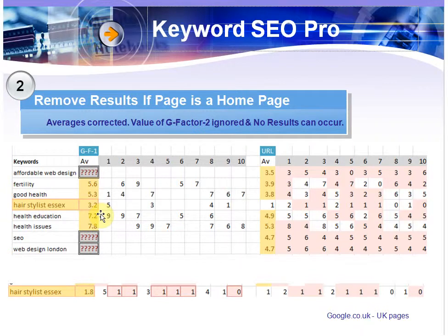However, G-Factor 2 is completely ignored, and we have no results at all for 3 keywords because all top 10 pages for these keywords are home pages. Interestingly enough, one of these keywords is SEO.